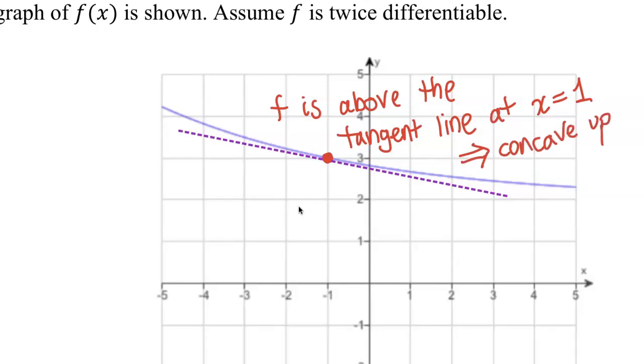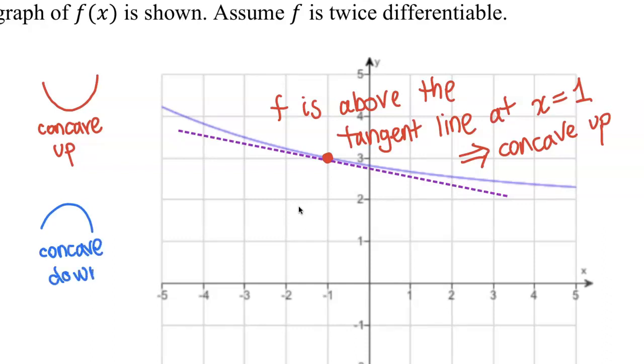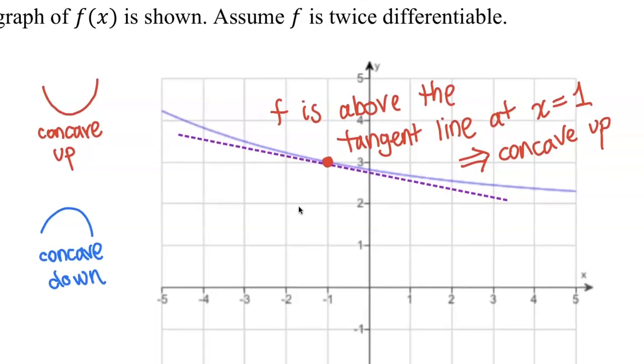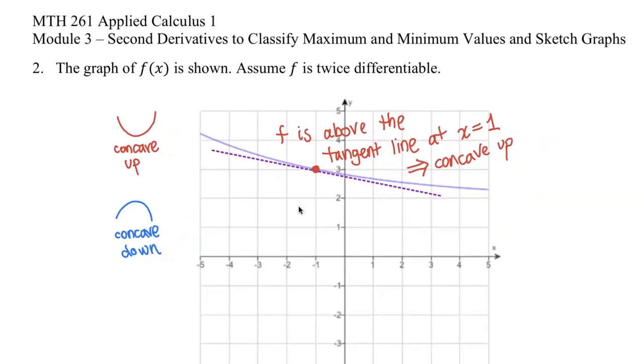Remember in the other examples, we were talking about how if the graph looks like this, it is concave up. And if the graph looked like this, it was concave down, right? The thing about this graph is it's so wide, it's hard to see any kind of curving going on.